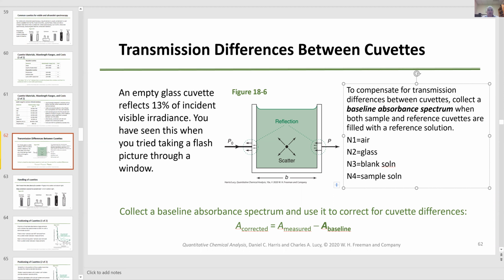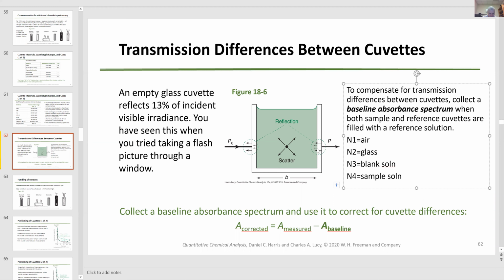It's possible to have a match that's so good that you never see it in practice, right? But that requires that some things stay the same between the blank solution and the sample solution.